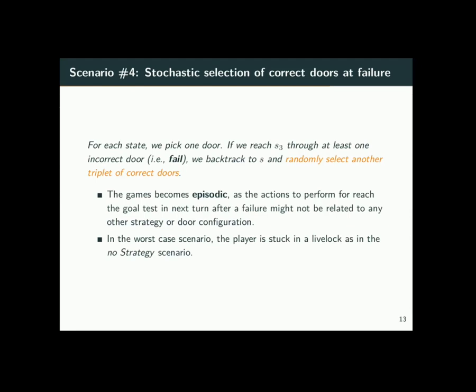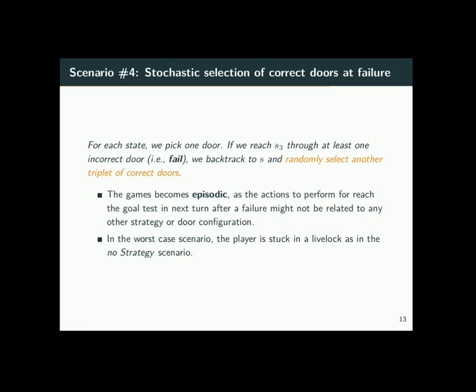Because if we are not giving the player the possibility of remembering which was correct, and we're constantly changing the correct configuration, then I will never be able to build up a strategy, because I'm completely acting at random, and there is no pattern or rule on how I'm changing the door configurations after something was discarded. So if when I'm backtracking I'm also changing the configurations of the correct doors, I could never apply a strategy, and so in the worst case scenario, I will always be in a livelock.